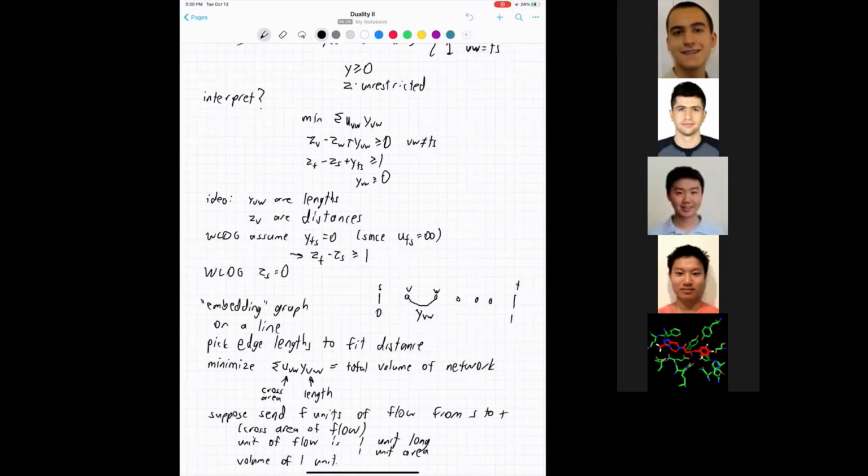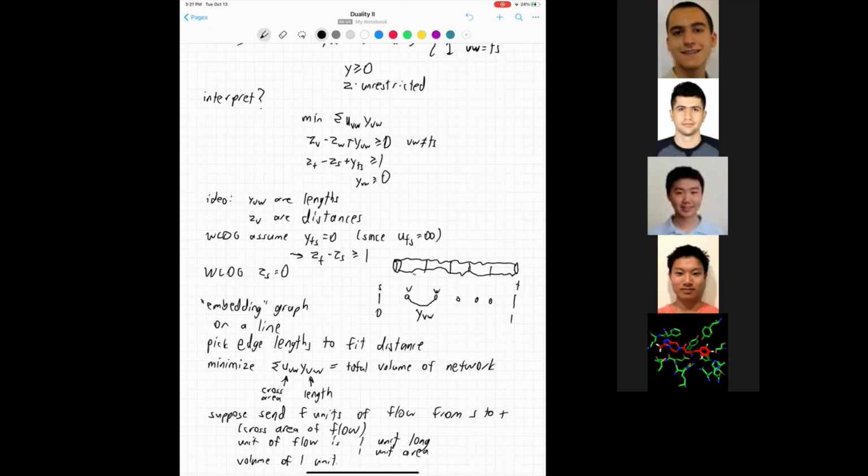Well, it has to use at least 1, because it has to get from S to T. If we think about that unit of flow as a tube that is 1 unit of cross area, and it has to run across a path that is 1 unit in length, then the total volume of that tube is 1 unit of area times 1 unit of length, so a volume of 1. Of course, it's going to be broken up through multiple edges that the unit of flow is traversing, but the total volume of all of those edges used by this unit of flow is at least 1 unit.